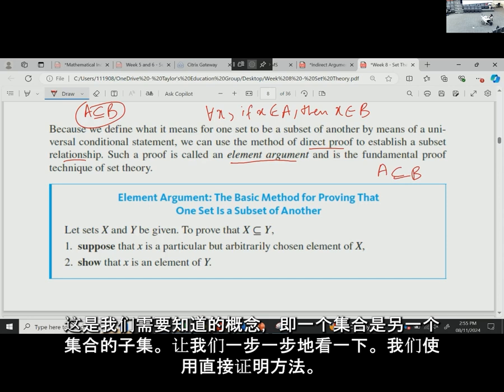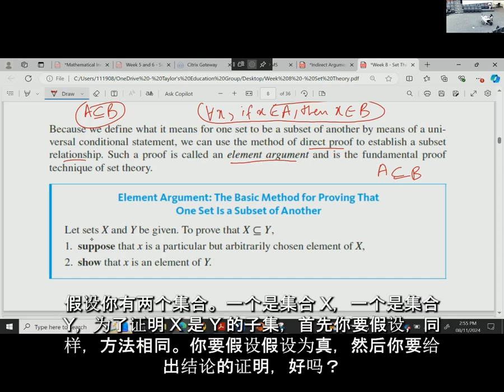Okay, and here is the concept that we need to know, that when a set is a subset of the other. Let's look at it step by step. We are using the direct proof method. So let's say you have two sets, set X and set Y, and to prove that X is a subset of Y, first you will suppose the hypothesis to be true and you will show the proof for the conclusion.